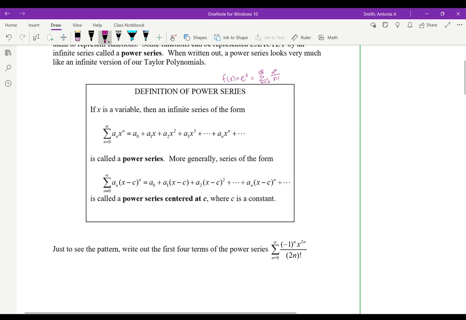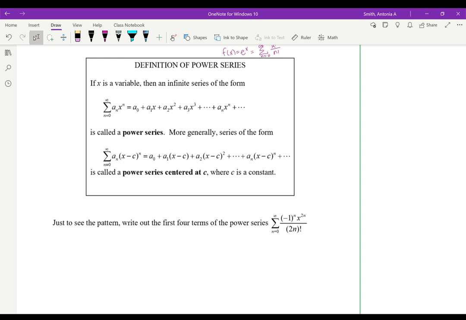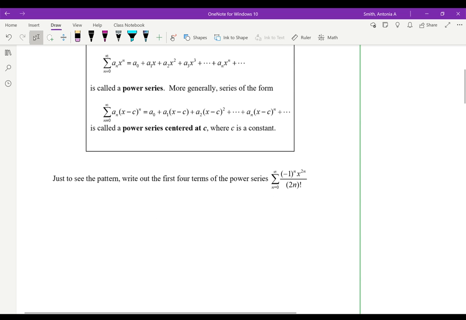To see this same pattern, let's write out the first four terms of the power series listed here. We're starting at n equals 0.